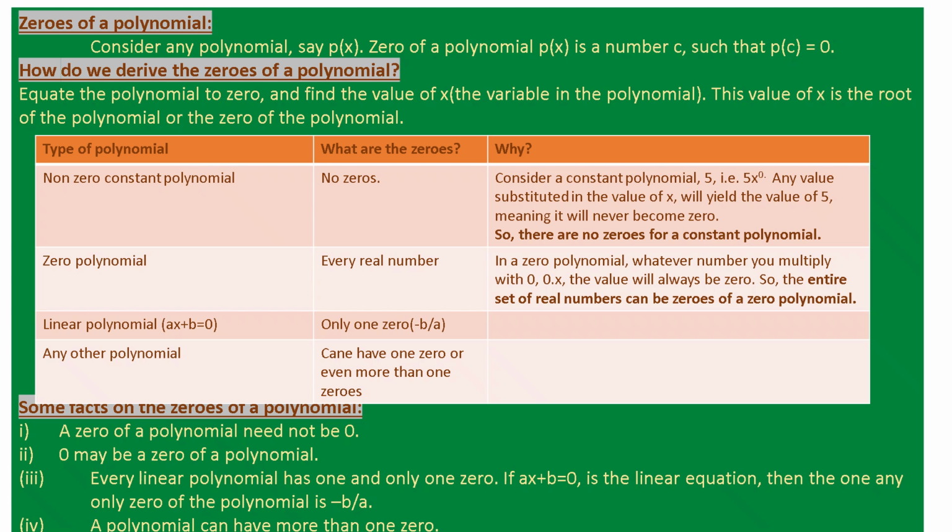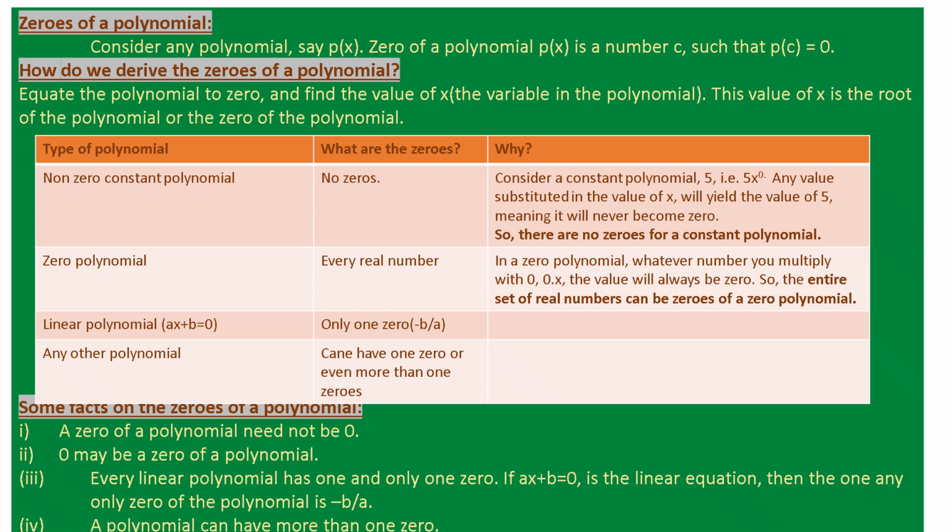What is a non-zero constant polynomial? It is just any constant value like 2 or 1000 or minus 10,000, whatever, without any variables, with only a constant value, excluding the value 0. So, if you consider a polynomial, say minus 5, it is rewritten as minus 5 times x to the power of 0.